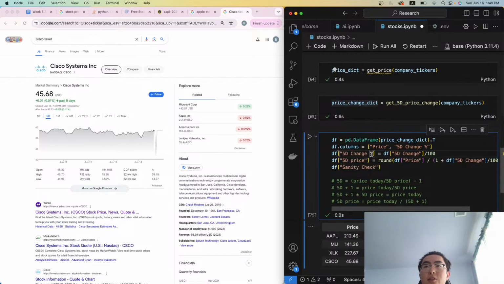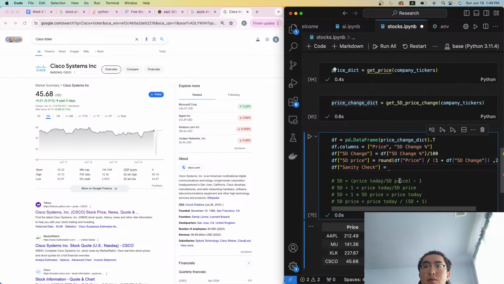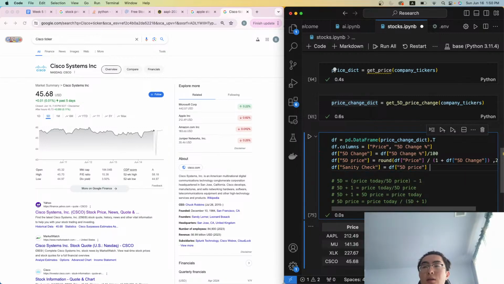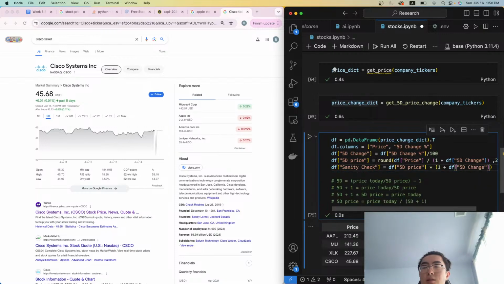And then 5D change is equal to 5D change percent divided by 100. Okay. Equal to df, call this 5D price times 1 plus df 5D change.